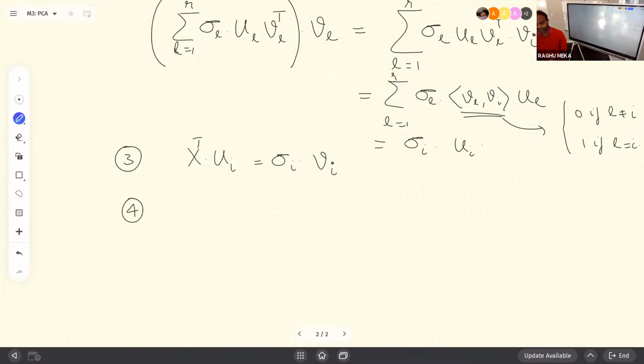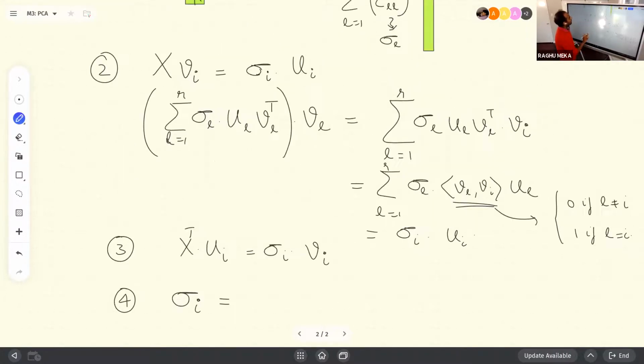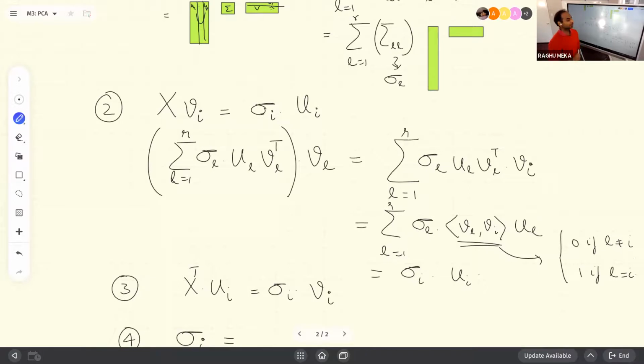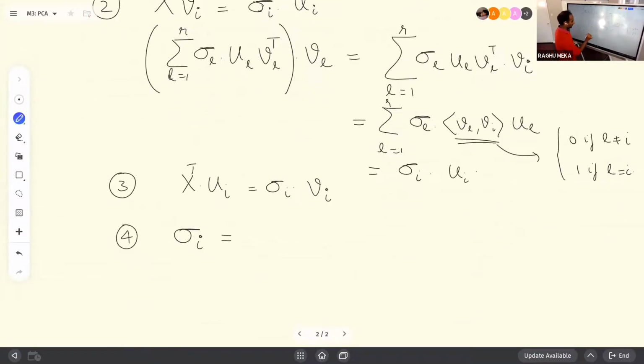And the other thing that we'll need is sigma I. So here, if I take the norm of this vector, what do I get? The length of the vector x times vi is exactly sigma I, because ui was a unit norm vector.